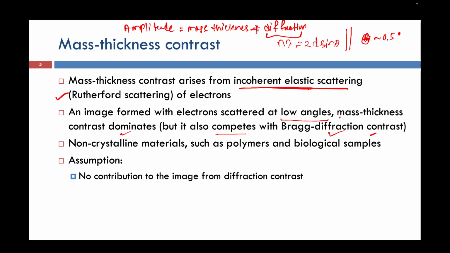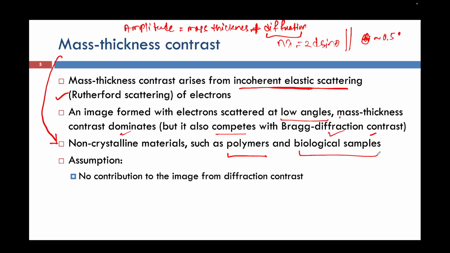Since we know that at low angle the Bragg diffraction contrast is also a dominant mechanism, this mass thickness contrast is generally used to see the contrast mechanism in non-crystalline materials, like polymers and biological samples. Why? Since polymers are non-crystalline, that means amorphous or semi-crystalline material, the diffraction in those materials will be very low.